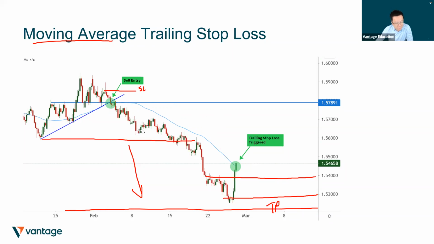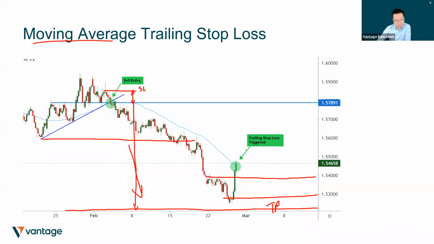But you could see all that volatility in between. If you actually move your take profit all the way down and had your stop loss there, it would be very good. You can see that in this case it would be a very good risk to reward ratio, but it doesn't hit your take profit.